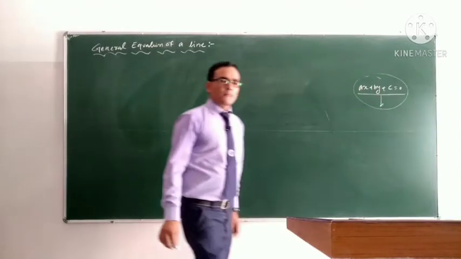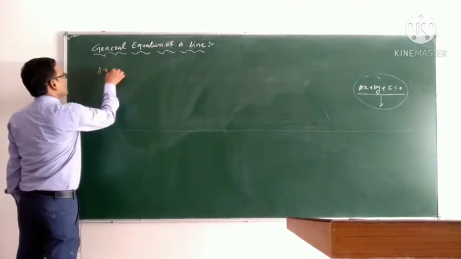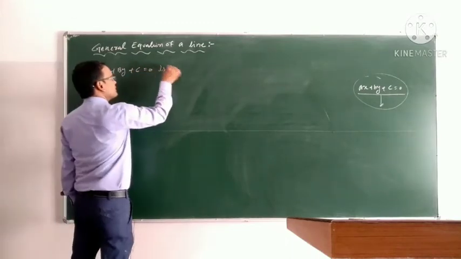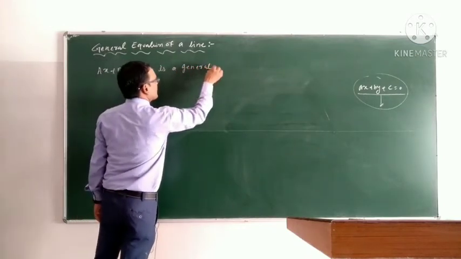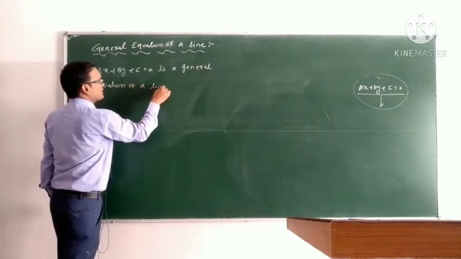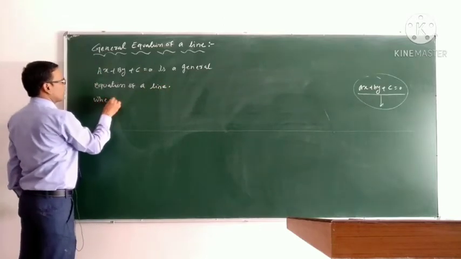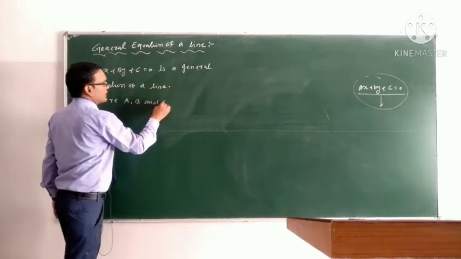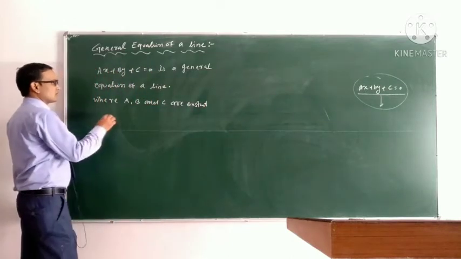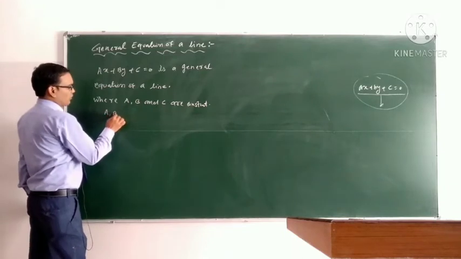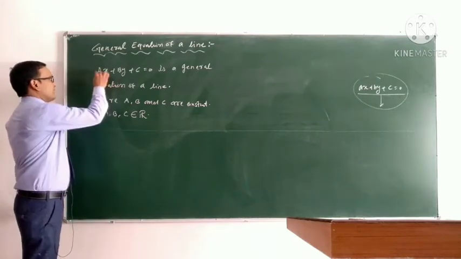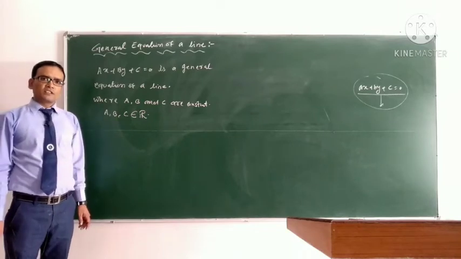Ax plus by plus c equal to 0 is a general equation of a line, where a, b and c are constants. a, b, c belong to the set of real numbers. a and b are not simultaneously 0.